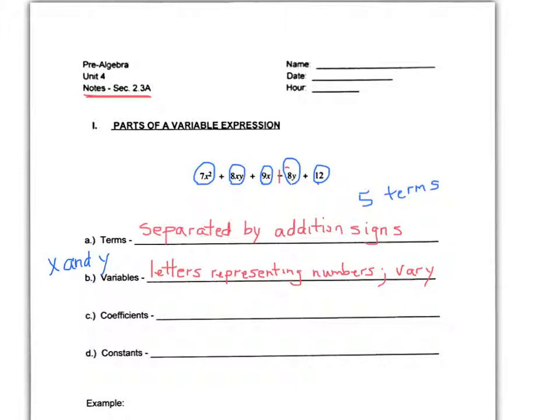Okay, next, coefficients. Coefficients are numbers that are attached or multiplied to a variable.